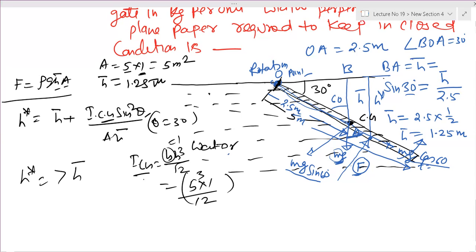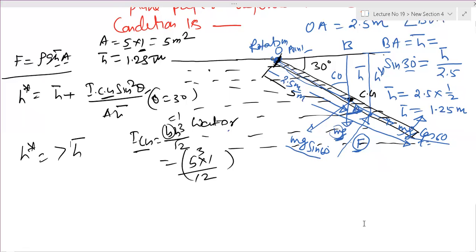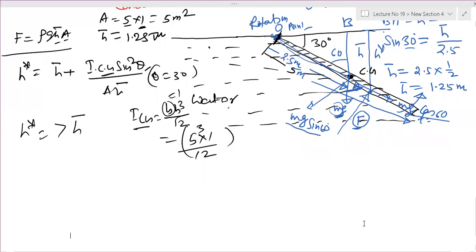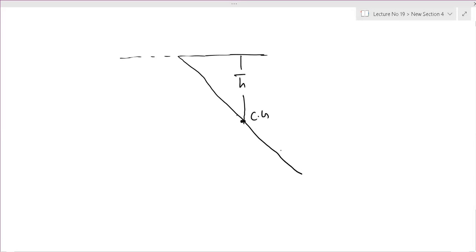Now let us make another figure for more clarity. Try to understand. This is your hinge. This is your plate. This is your CG, half CG. This is your h star, where this pressure force acts. And here mg will act.